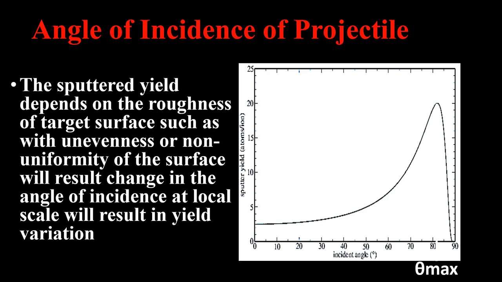So in this slide we are clear that the yield, the resultant thin film, depends on the angle of incidence of the projectile ions, number one, and also the angle with which the source material is placed on the electrode.